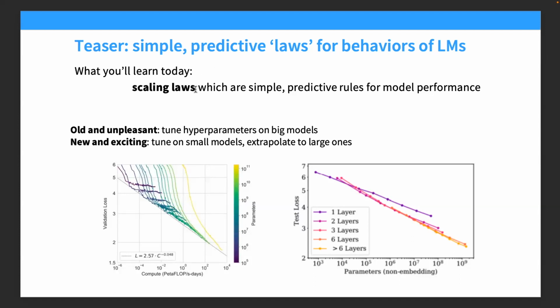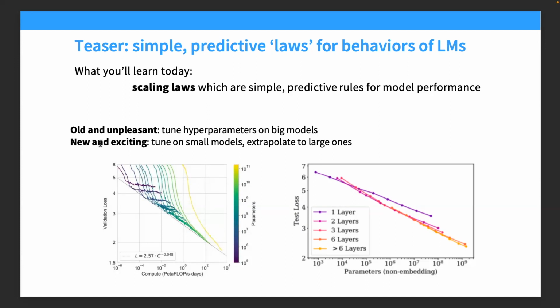And you will see today, and also in the literature, that scaling laws, very simple linear fitting lines, can help predict the model performance given the configurations. The other way is you need to tune the hyperparameters on big models, and it can be quite costly.